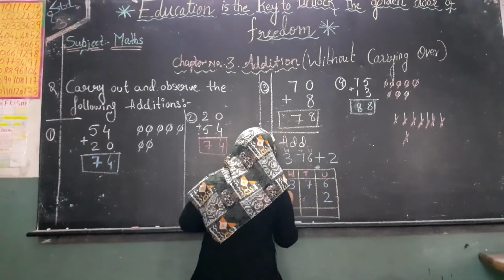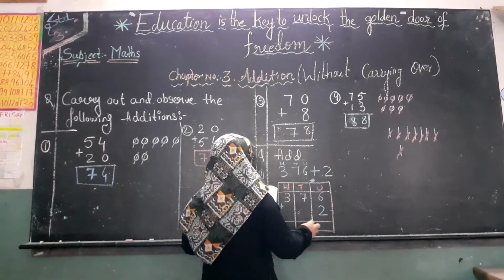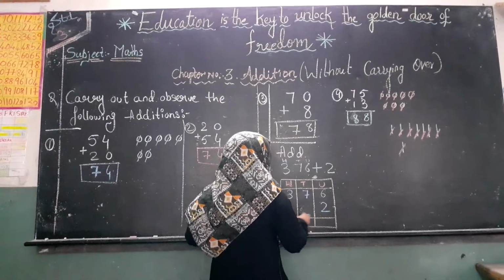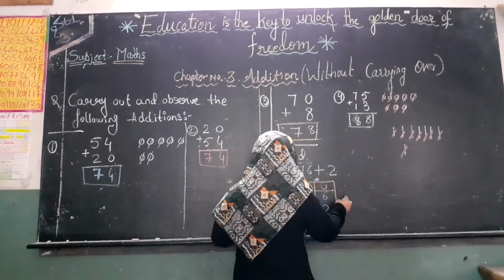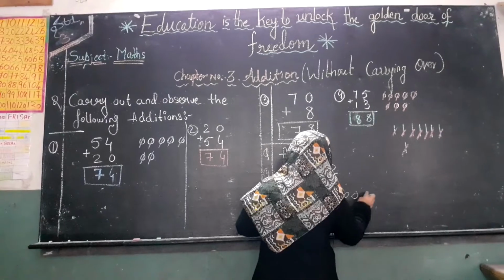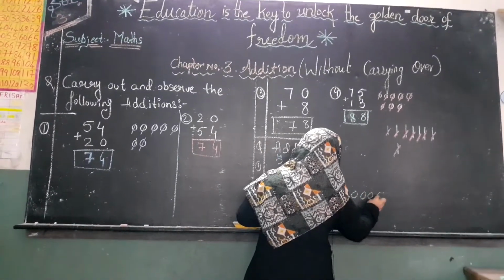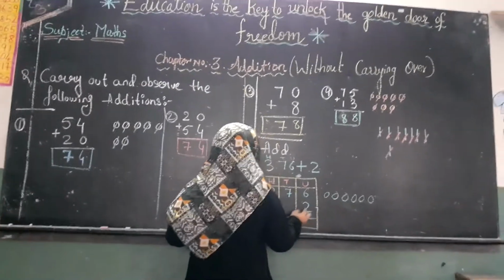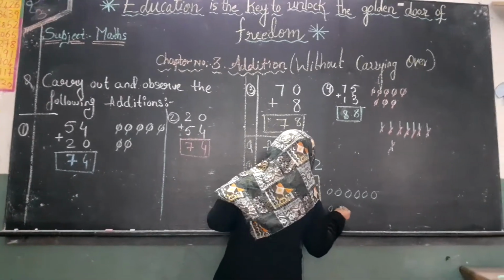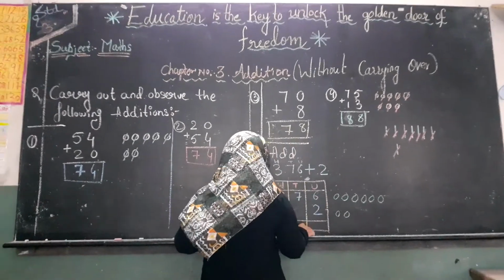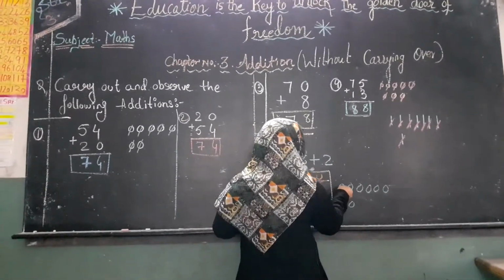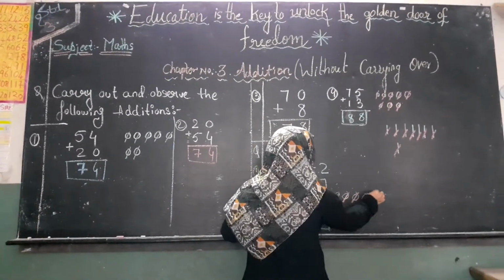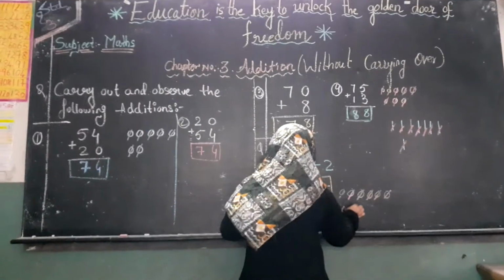So we will add all this. See here, 6 plus 2. So we will draw some balls here. First 1, 2, 3, 4, 5, 6. 6 ball. Then 2, we will draw 1, 2. Okay. Now we will add all this. So we have to count the balls: 1, 2, 3, 4, 5, 6, 7, 8.